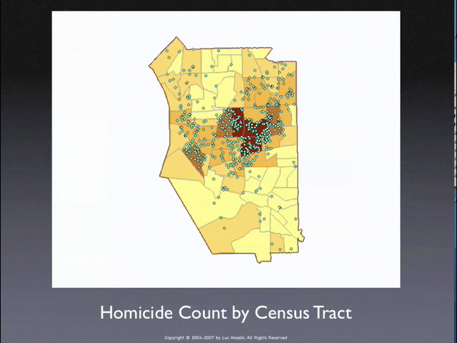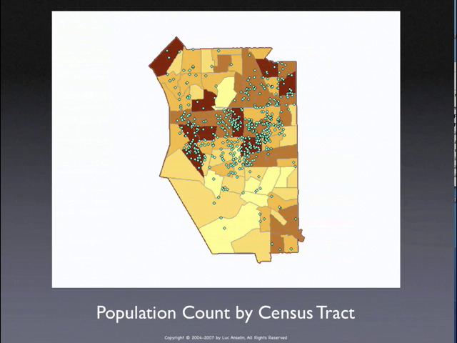Now, as I mentioned a few minutes ago, as such, that is not that interesting, because if there are more people, there could be more homicides. So this by itself is not useful information. What we really need to see is how do these events compare to the population at risk, which is given in this shading.